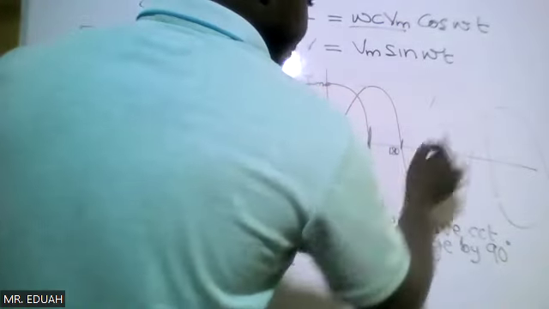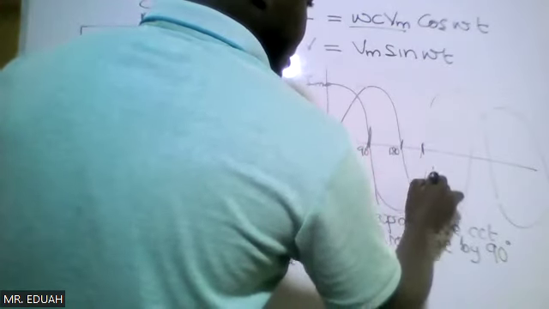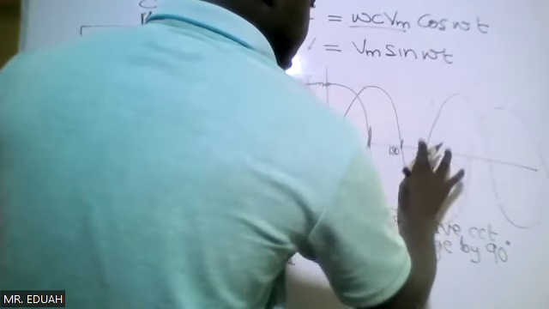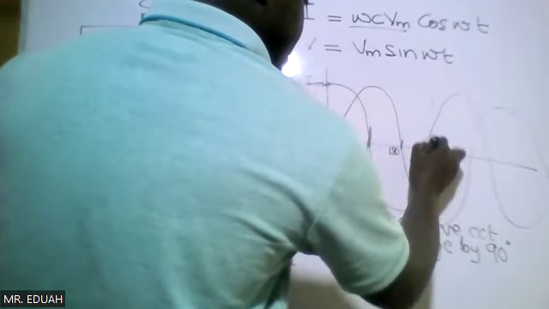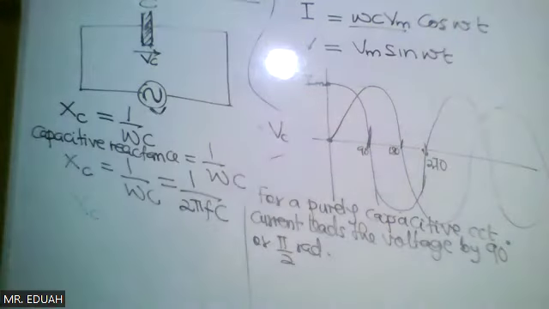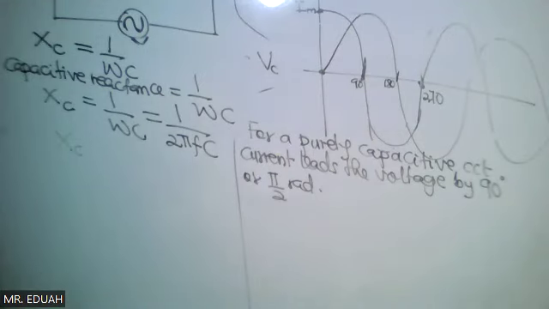Let me draw the waveform. Now the phasor diagram. The phasor diagram is a vector representation of the relationship between current and voltage for a purely capacitive circuit.